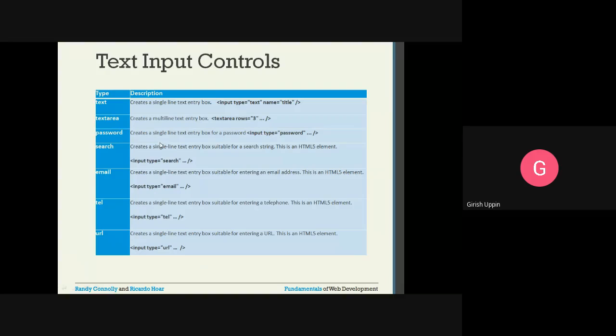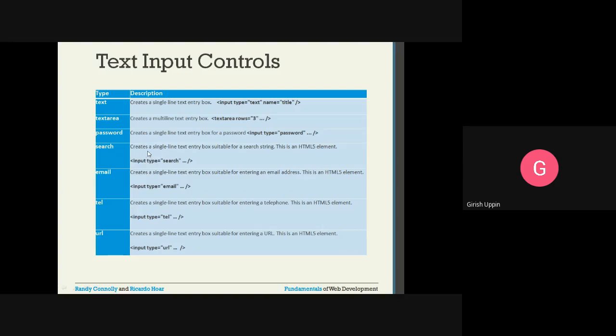So these are the different controls for the input. We can have text. When you use input and specify type equal to text, you get a text input for your web application. If you have multiple rows of text, you can use the textarea. If you want to enter a password, where the characters will not be visible, you can use password.